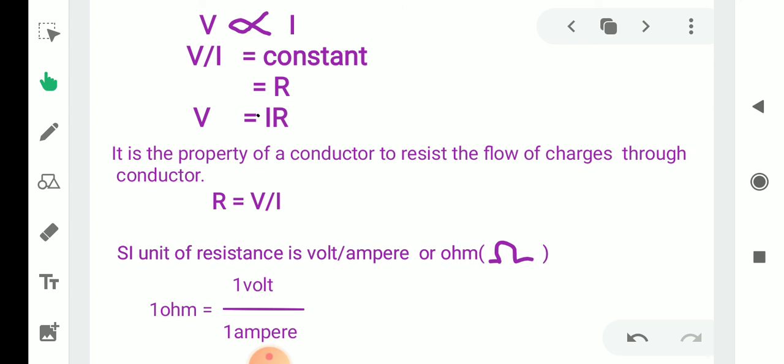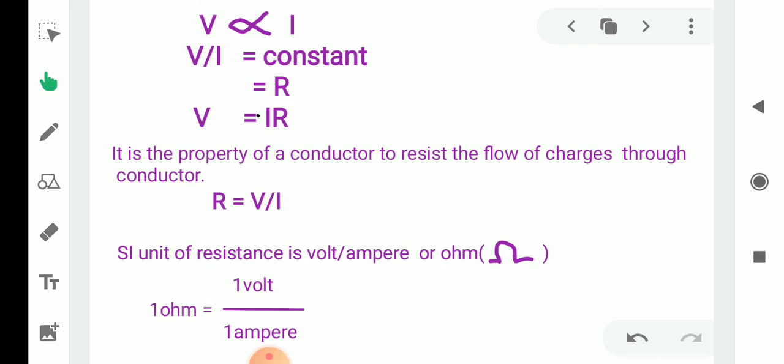This opposition or obstruction offered by a conductor to the passage of electrons is called resistance. It is one property of a conductor where it resists or opposes the flow of electrons through the conductor.